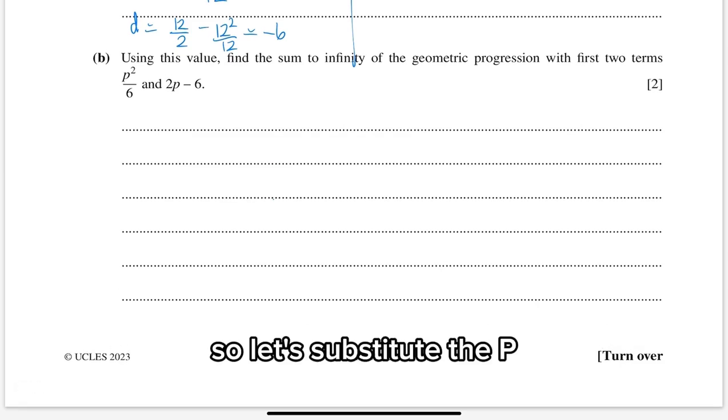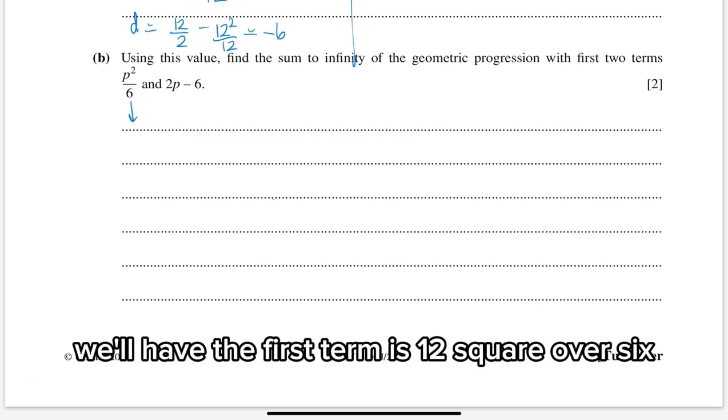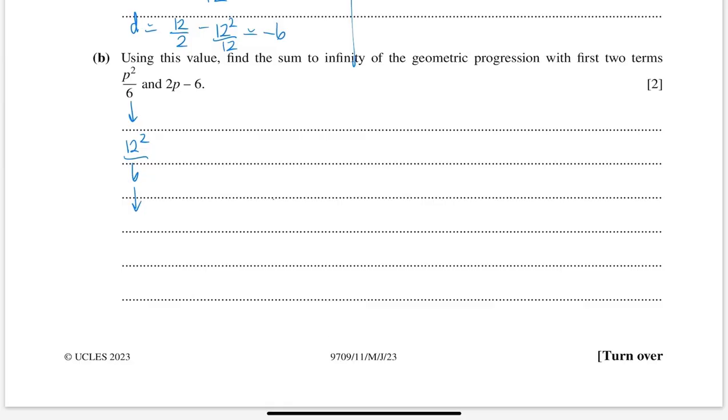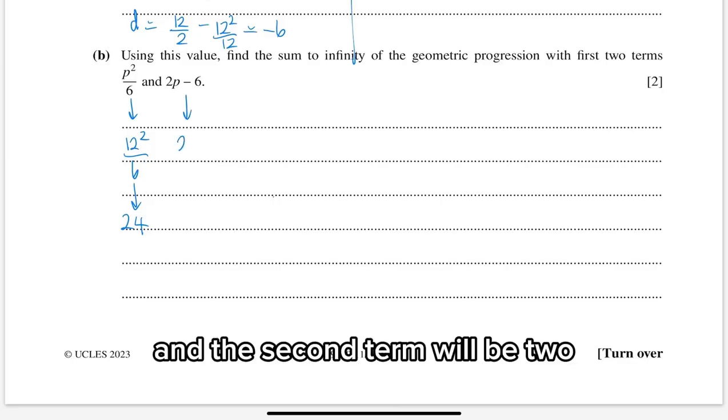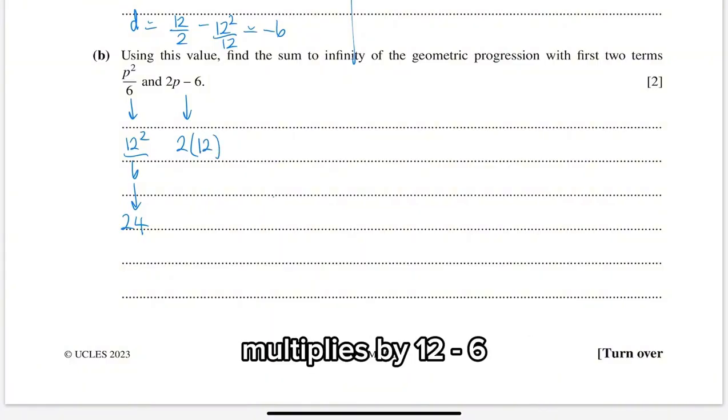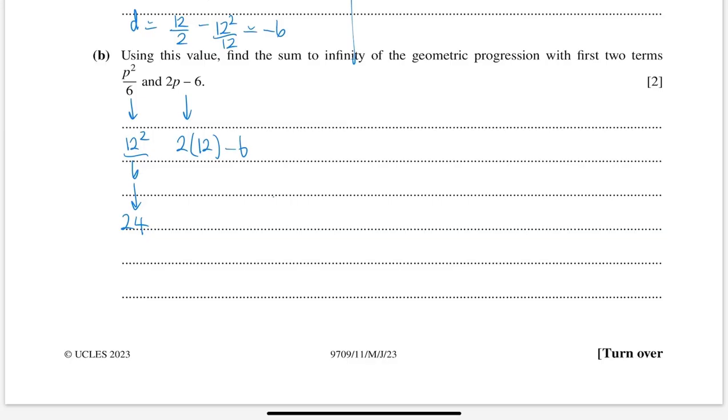So let's substitute the p. We'll have the first term is 12 squared over 6, which is 24. And the second term will be 2 multiplied by 12 minus 6.